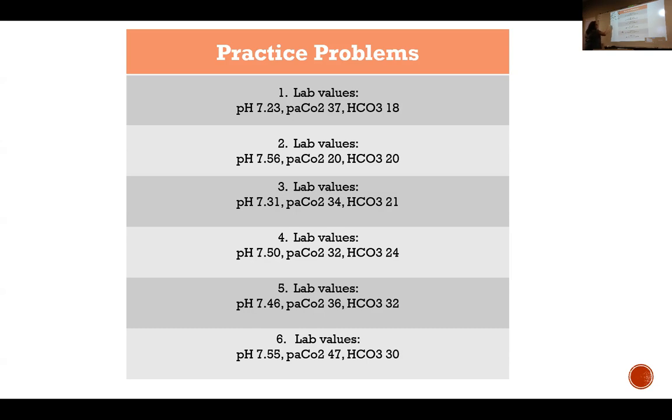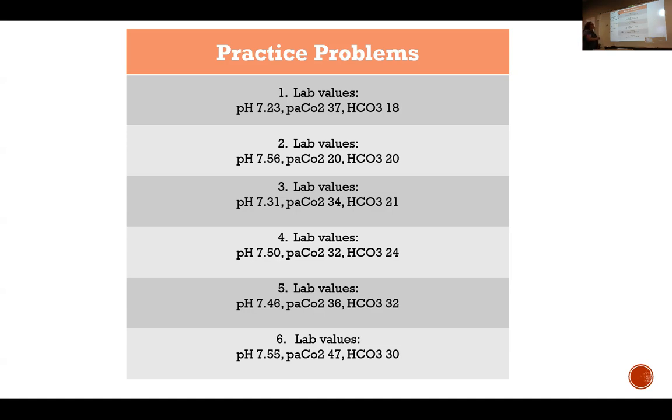Let's draw our tic-tac-toe, guys. What's the label on this side? Acid. What's in the middle? Normal. And on the right? Alkalosis. Great. The first part of the problem is the pH.